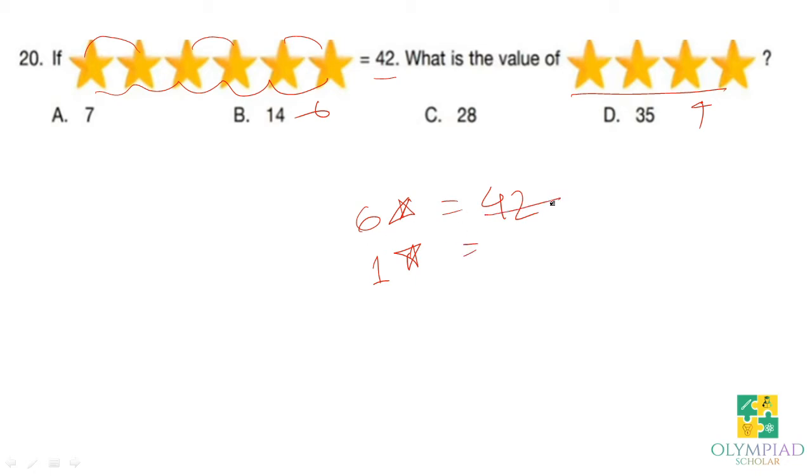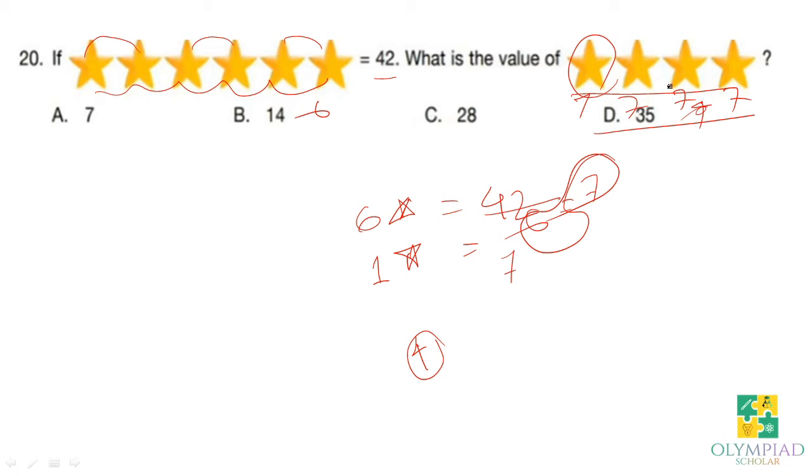So you have to make it 6 parts. Definitely it will be 7, since 6 times 7 is 42. So 1 star is worth 7. If 1 star is 7, then you need 4 sevens to accumulate these 4 stars. So 4 into 7 is 28. So our option C is correct.